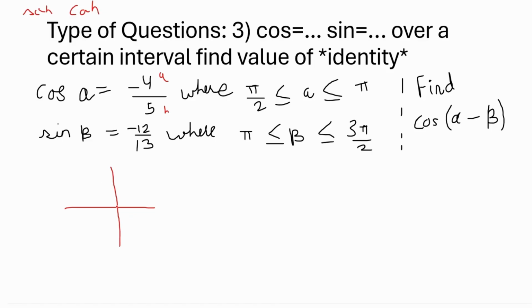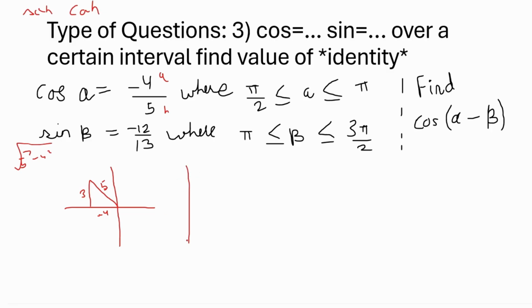So your triangle is going to look like this: negative 4, the hypotenuse is 5. Using that information, you can find the opposite. My opposite is going to be 5 squared minus 4 squared, rooted, Pythagoras. 25 minus 16 is 9, 9 rooted is 3. And since it's in this quadrant, it's positive.